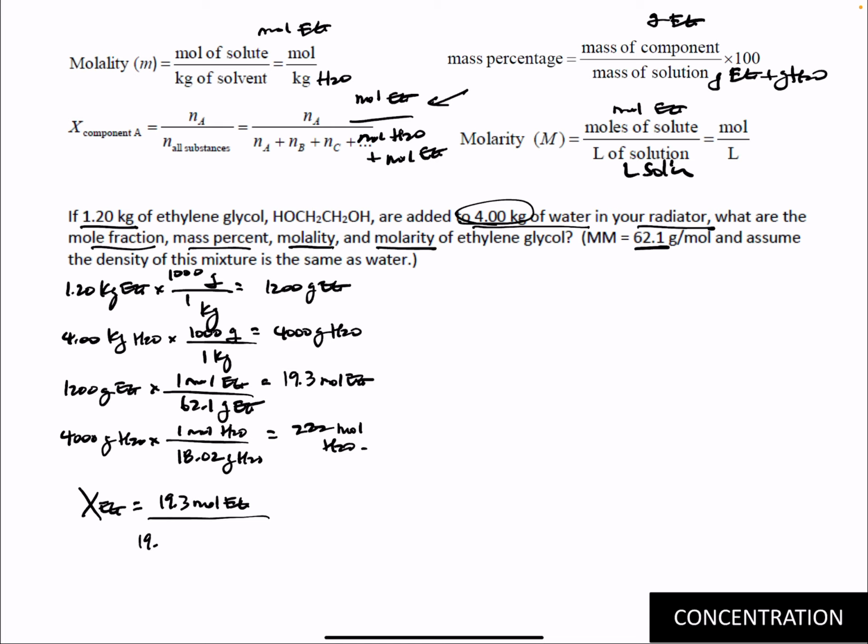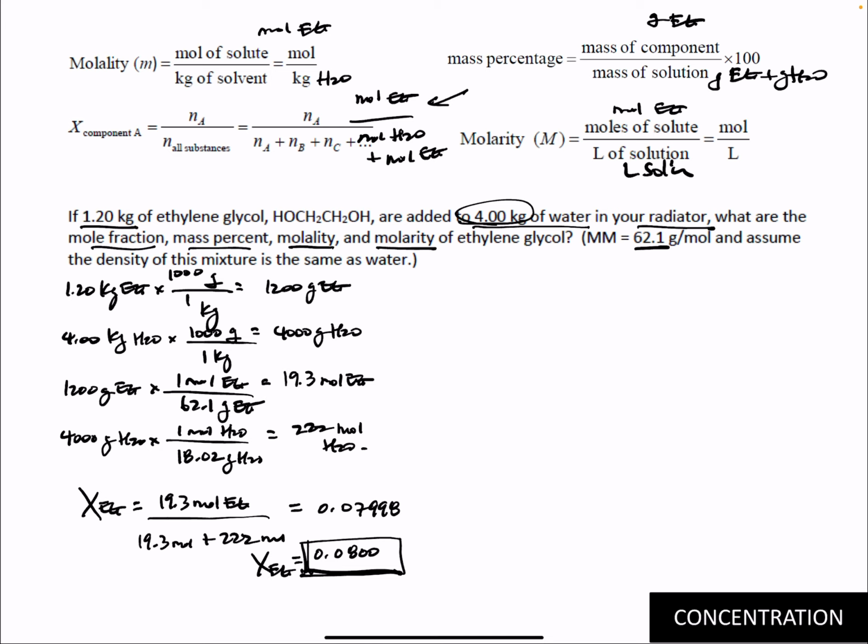So it'll be 19.3 moles plus 222 moles. 19.3 divided by (19.3 plus 222) gives me 0.07998. We've got to go to 3 sig figs, so 0.0800. That's the mole fraction of ethylene glycol.